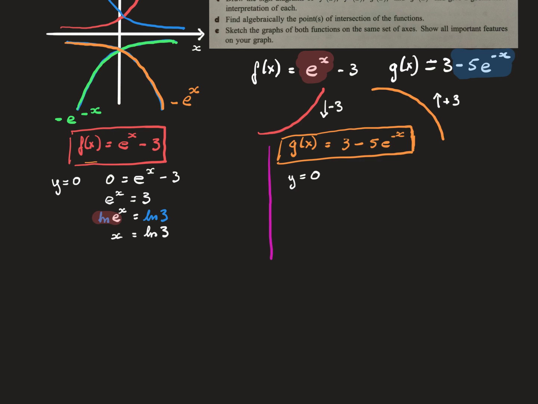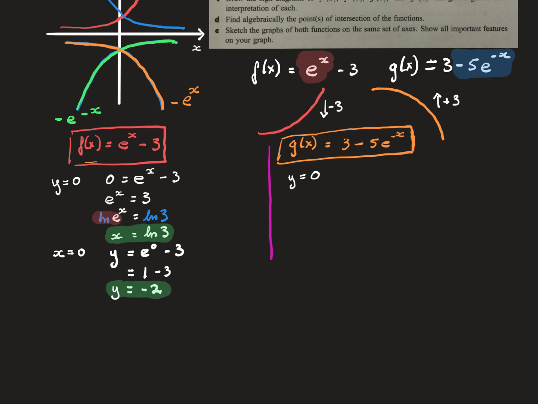If we want to find the y-intercept, we'll have to make x equal to 0. Substituting 0 for x, e^0 is just 1, take away 3, which means it's minus 2. And so our intercepts will be (ln 3, 0) and (0, -2).